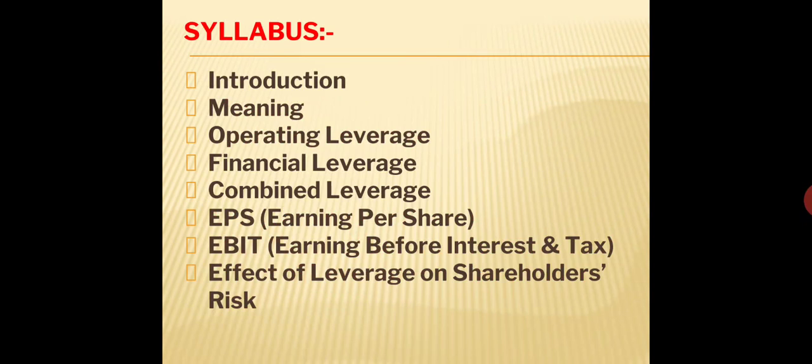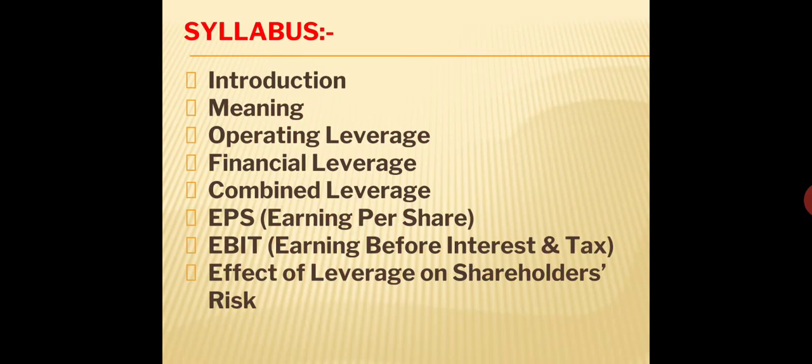Now in this chapter we are going to see the introduction, the meaning, then after types of leverage. Basically there are two types of leverage. The first one is operating leverage, and the second one is financial leverage.